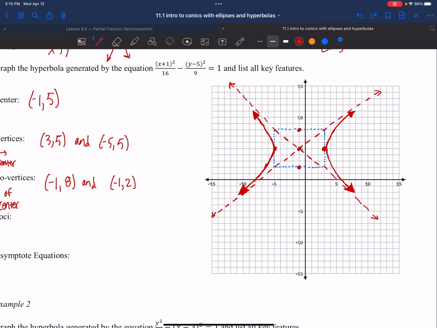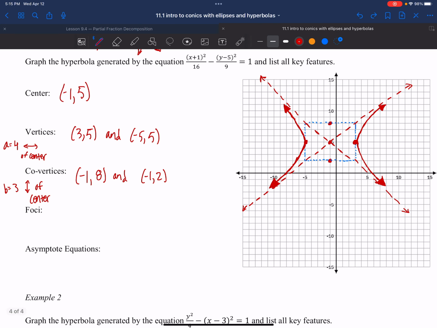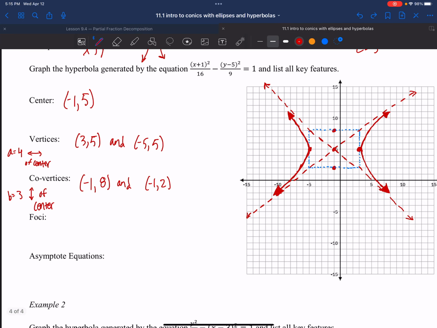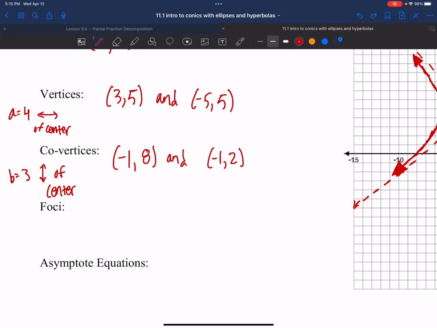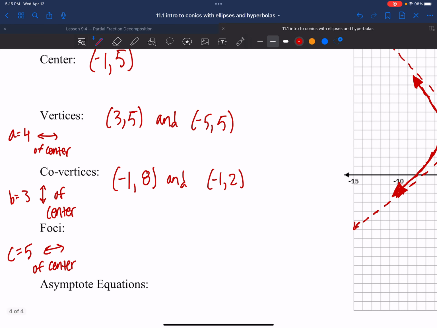That's your hyperbola. We do need the foci real quick. The foci are on the transverse axis. So this is c equals 5 left and right of center. So that's just one more than the vertices.